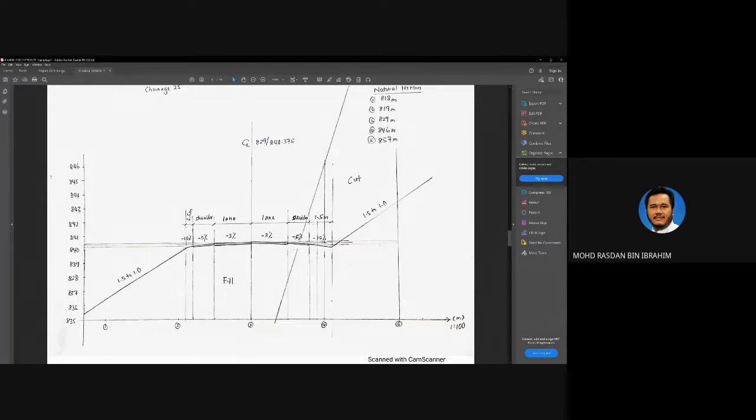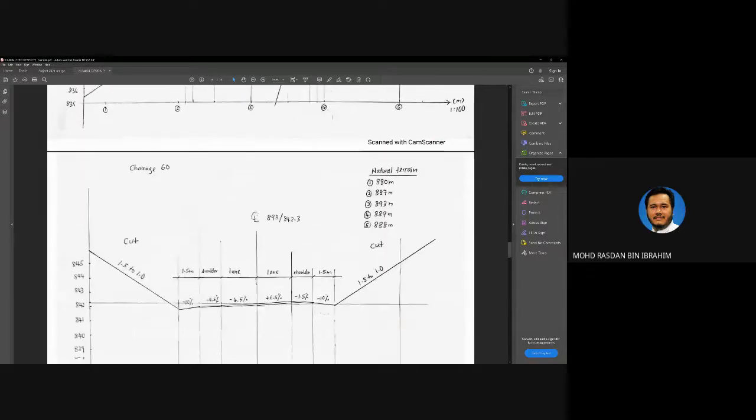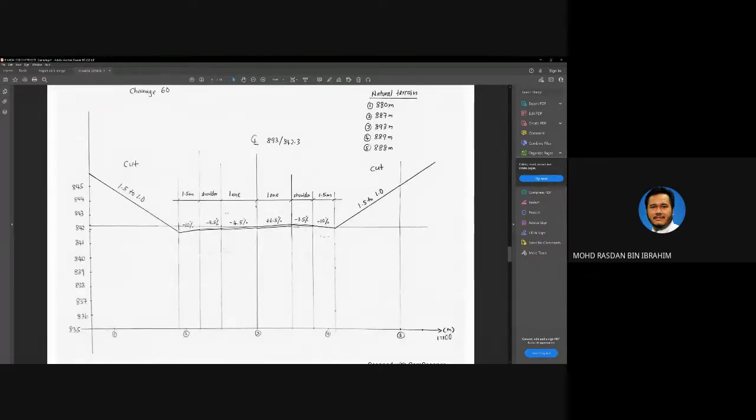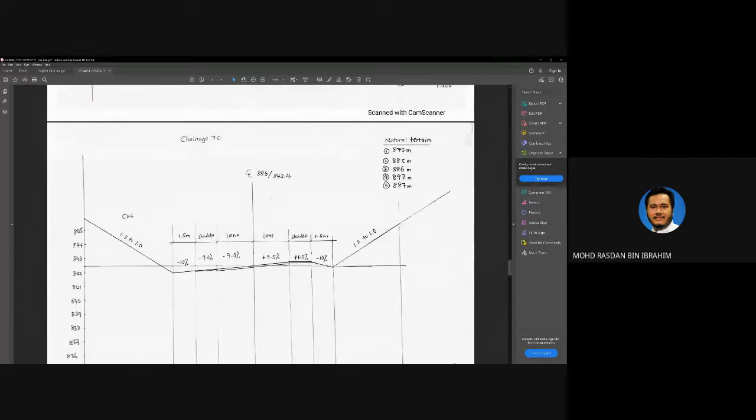It is still doable, but it's not a very nice exercise. So this part you need to fill, and this part you need to cut. This is entirely cut section. Same with here. This is entirely cut section.